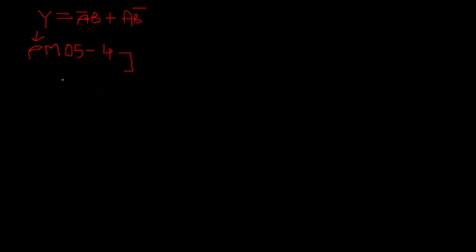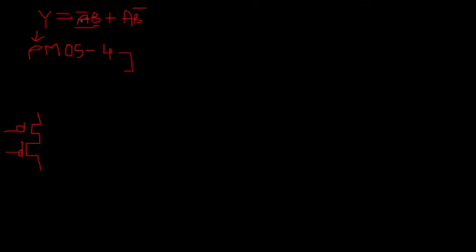We are starting with the pull up network, that is PMOS. So here what do you have? A bar dot B. A bar dot B means two PMOS connected in series, because dot means and means series. So we will connect two PMOS in series.